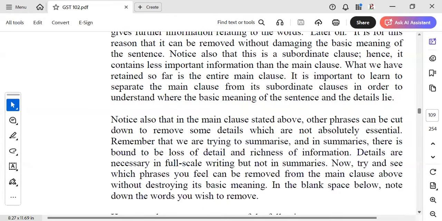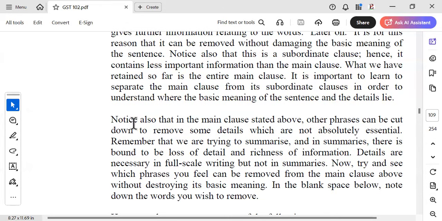If you don't know that, you can look for videos on YouTube or read any book about main and subordinate clauses, or we may decide to hold a class on that, so that we can separate main ideas from subordinate ideas.